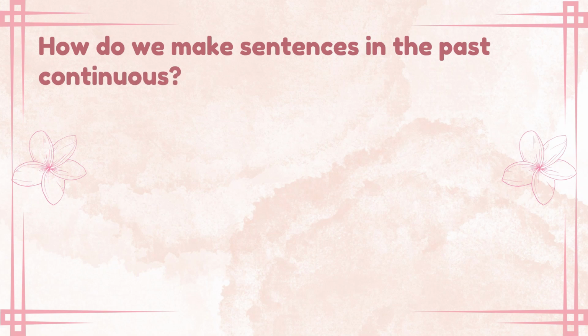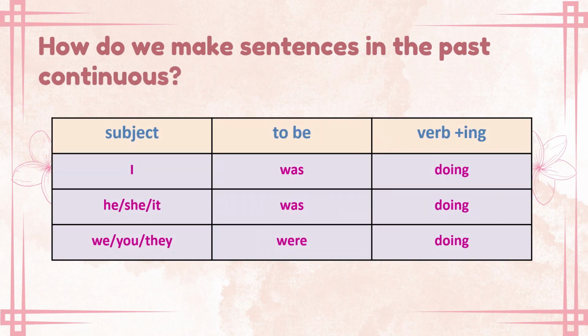Let's discuss how we make sentences in past continuous tense. For this, you will need the same things as we discussed in the present continuous tense: a subject, a be verb, and a gerund. In the past tense, with the subject I, we always use the be verb was, so it becomes I was doing.